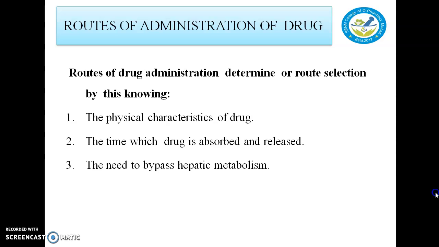During the preparation of the dosage form, a route of administration may be required that bypasses hepatic metabolism, because by bypassing hepatic metabolism, the drug gives 100% bioavailability, or 100% absorption, at the site of administration.